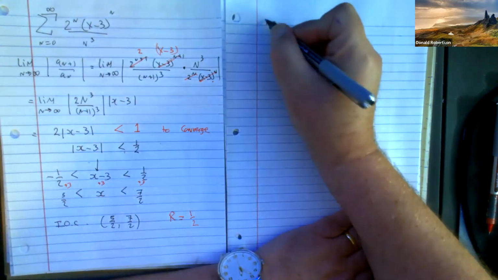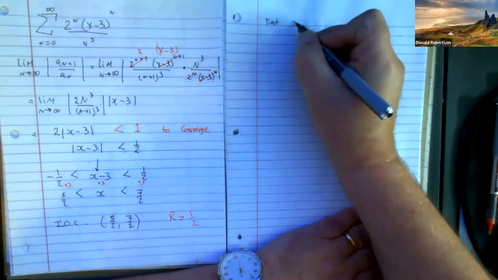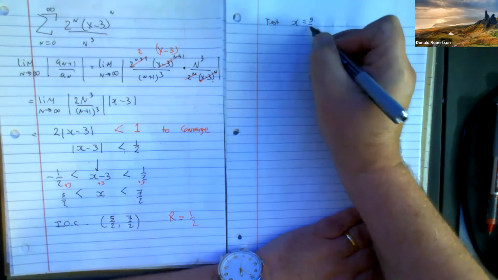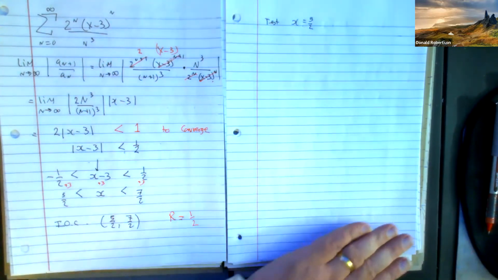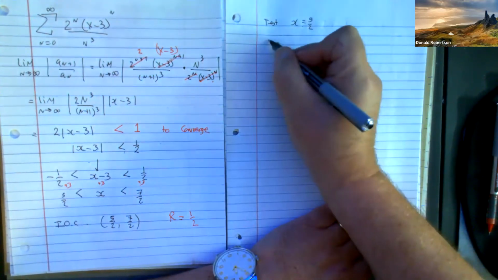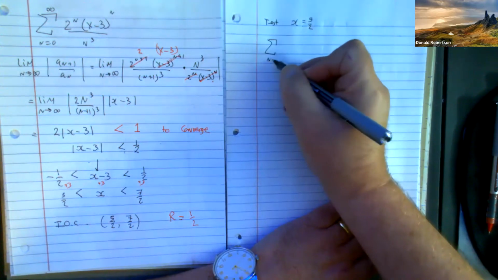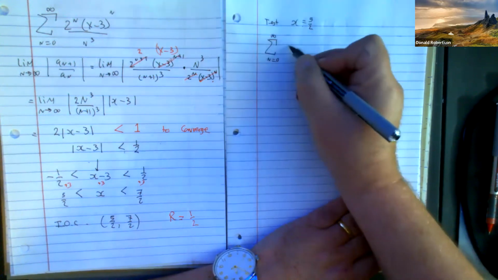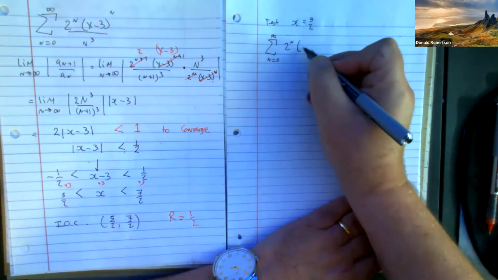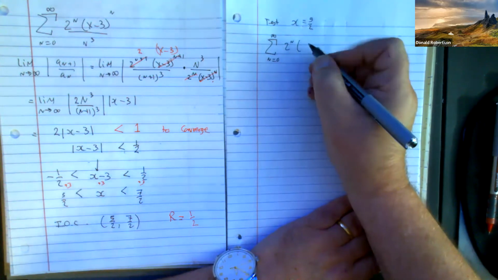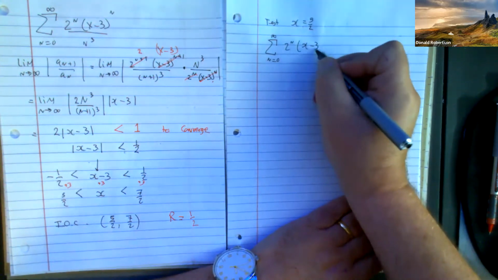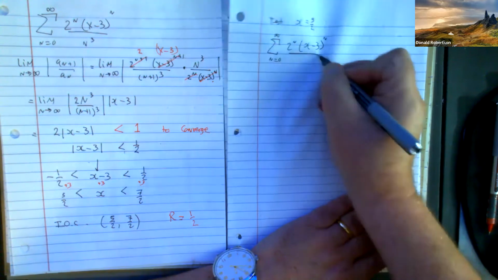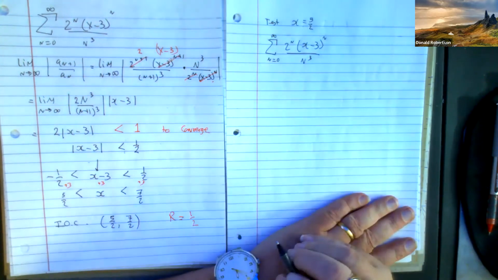And now we need to test our endpoints. And one of them is 5 halves. We'll do that one first. And so it's going to be the sum from n equals 0 to infinity of 2 to the n, x minus 3 to the n over n cubed.